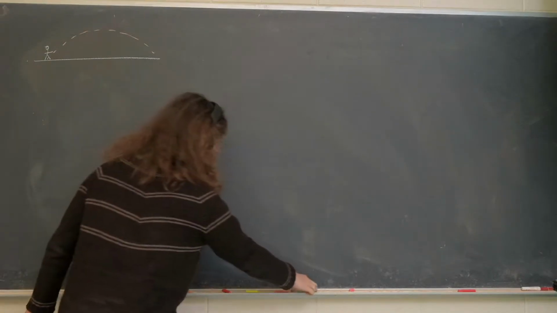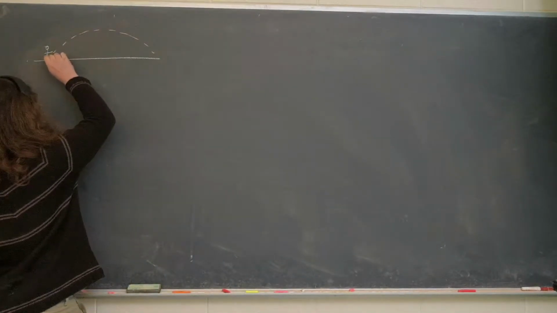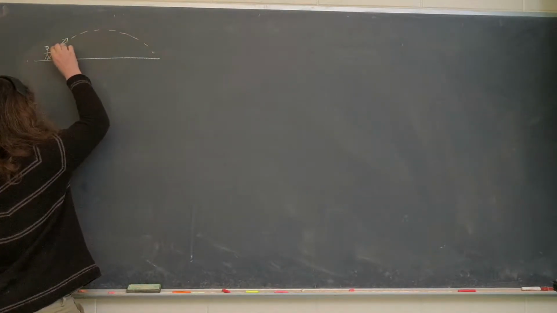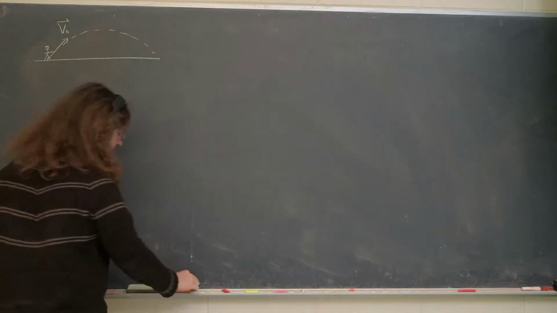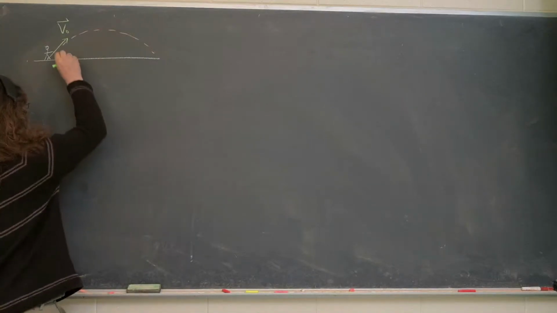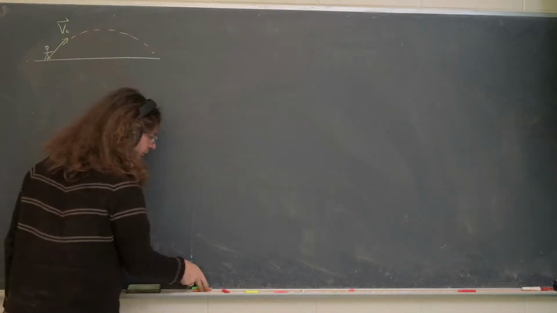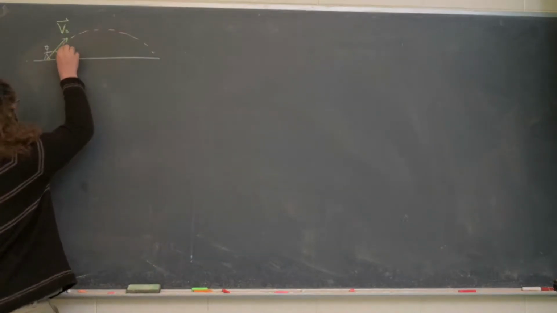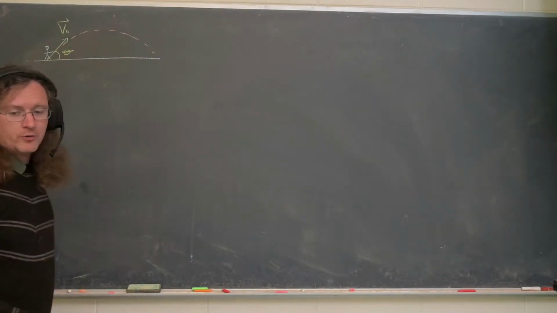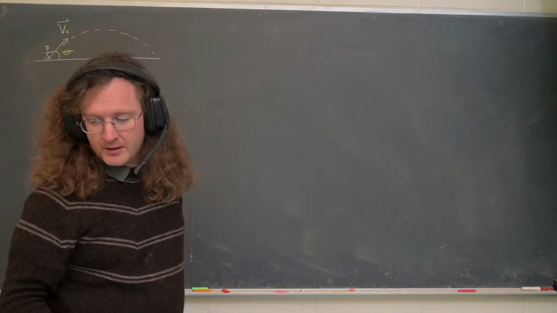It leaves the ground at an angle. That's the initial velocity vector. And the angle above the horizontal will be this one in yellow. I keep dropping and breaking my chalk. It is theta. So there are no numbers in this problem.